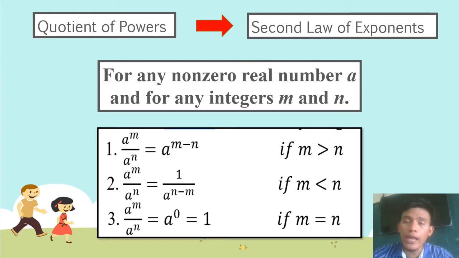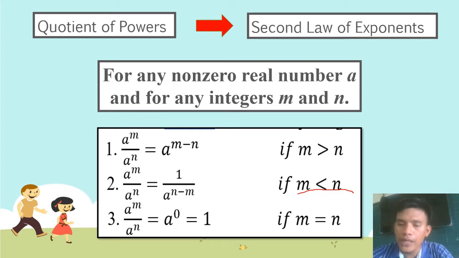For number 2, a raised to m over a raised to n, if m is less than n, please take note, it is 1 over a raised to n minus m. You will subtract their exponents, first n minus m.